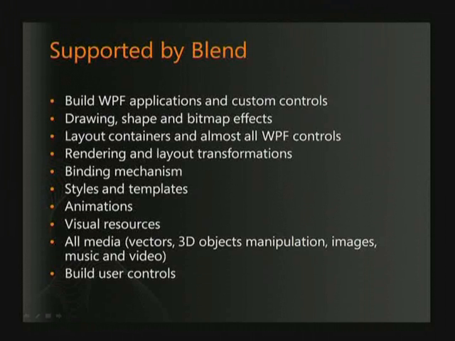All the data binding mechanism of WPF is available in Blend. The notion of style and template is also available in Blend. Animation can be done in Blend. Visual resources can be used by Blend. You can manipulate all kinds of media, even 3D objects, but Blend cannot let you create a 3D object. You just manipulate a 3D object provided by third-party tools.